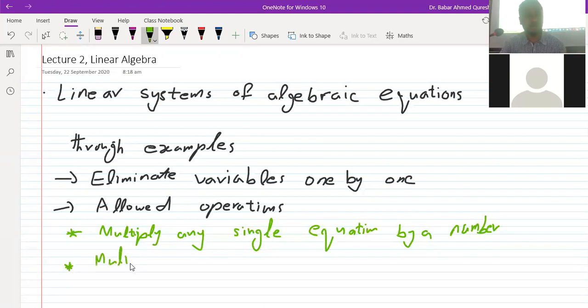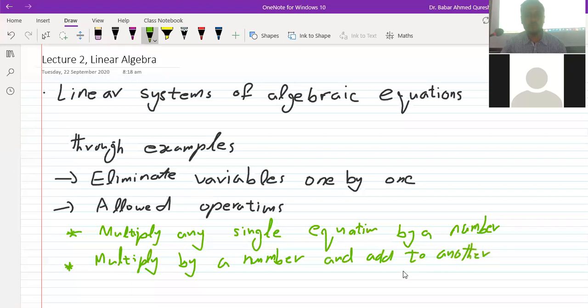Multiply by a number and add to another equation in your system.